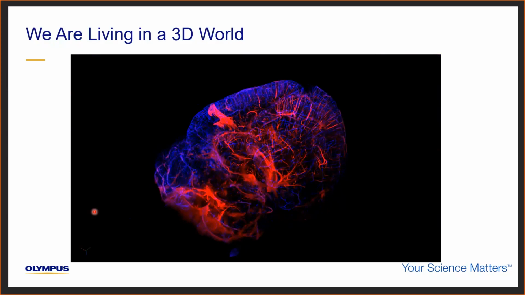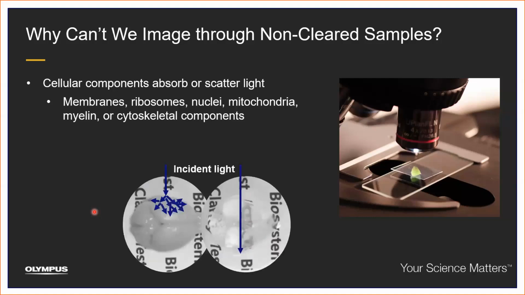However, as thickness of the sample increases, it becomes increasingly harder to image through non-cleared samples. It might seem trivial, but have you wondered why we can't simply image through some samples? Why can't you simply take a leaf from a fluorescent plant and image through it as shown in this image? This is because incident light enters non-cleared tissues, and it is immediately either scattered or absorbed by different cellular components.